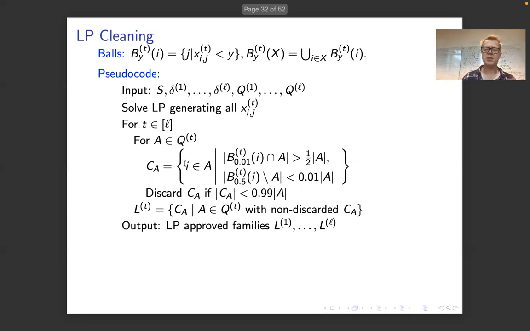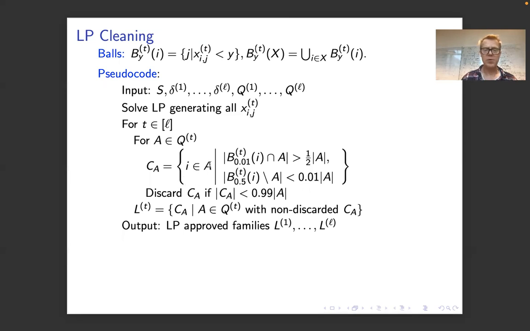And we keep a species if it is very close to half the cluster, and it shouldn't be too close to too many things outside. More precisely, what corresponds to 1% of the size of the cluster. So you should be very close to half and not too close to too many things outside.